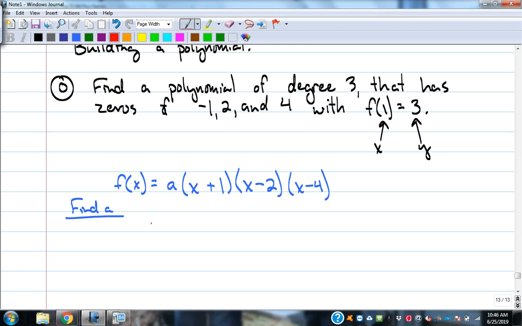To find a, we're going to plug a 3 in for f of x, and everywhere there's an x, we're going to put a 1. So 1 plus 1, 1 minus 2, 1 minus 4. So that's going to be a times 2, negative 1, and negative 3.